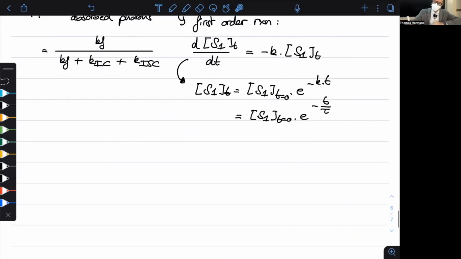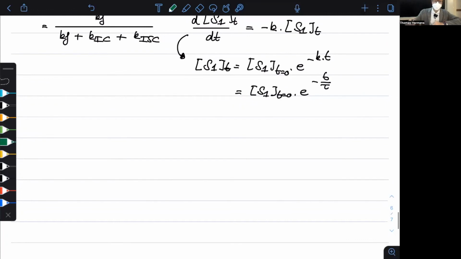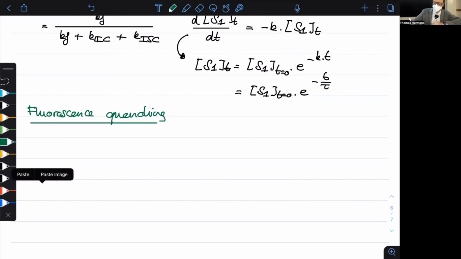Okay. Last thing we're going to talk about is fluorescence quenching. Okay, so there are molecules, or there are processes that actually destroy fluorescence.